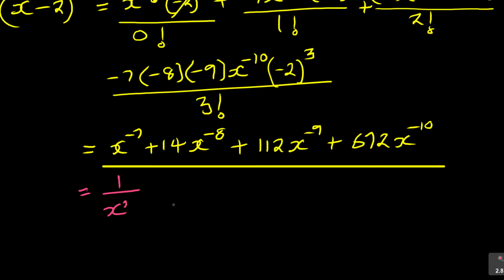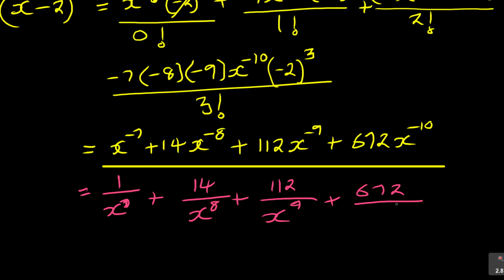So it's 1 over x to the power of 7 here, all right, plus 14 over x to the power of 8 plus 112 over x to the power of 9 plus what? 672 over x to the power of 10. So that is the expansion, binomial expansion of this term.